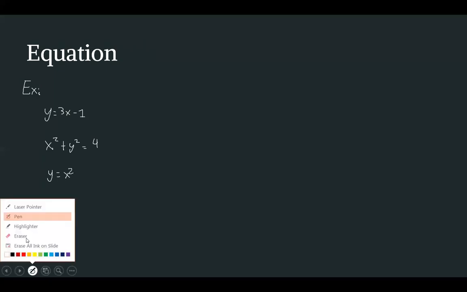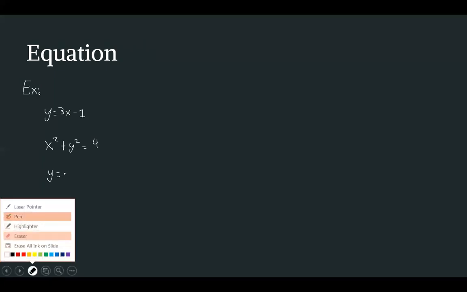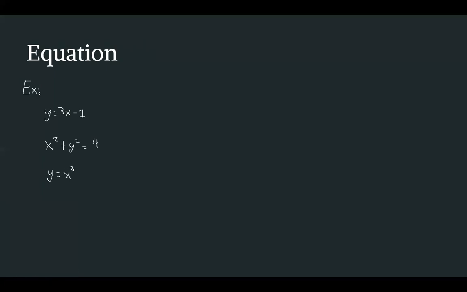Sorry. Y is equal to x squared. And lastly, we can determine the equation. This relation is x squared minus y squared minus 1 is equal to 0.